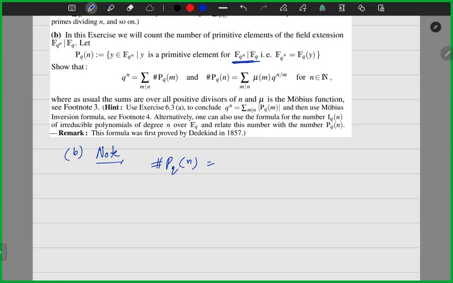So if you take another degree n irreducible polynomial, that will give another distinct set of n roots.